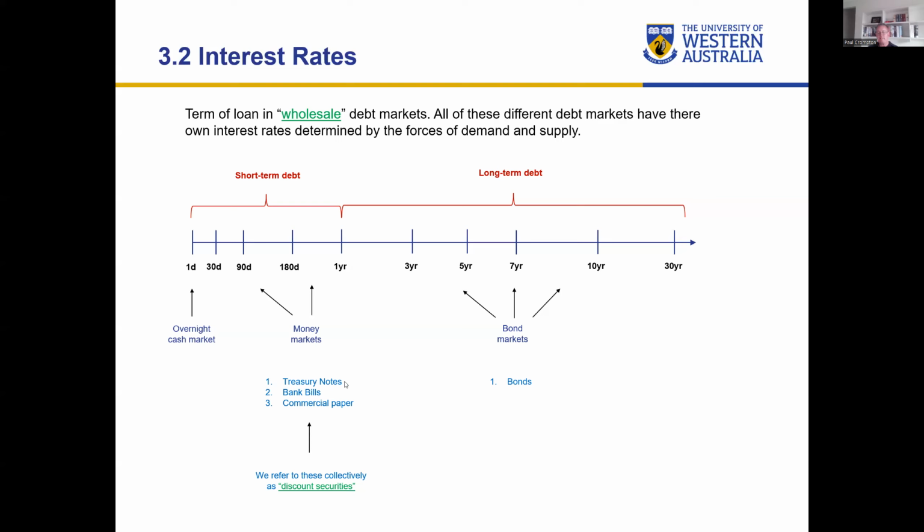If the Australian government wants to borrow money for 180 days, they would issue a treasury note to borrow that money. Who could the lender be? Well, it could be anyone wanting to lend money to the Australian government at that time and earn the going market interest rate. So it could be an Australian bank, an Australian superannuation fund.